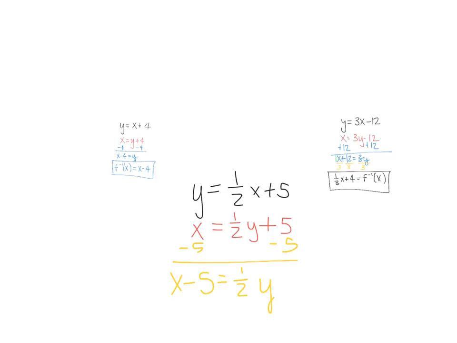You could divide by 1/2. That's fine. But we can also multiply by 2, which makes things a little bit easier because it just tells us what math we do. And when we do that, we multiply both sides by 2. We get 2x minus 10 equals, instead of y, I'm going to write my inverse, which is f inverse of x.